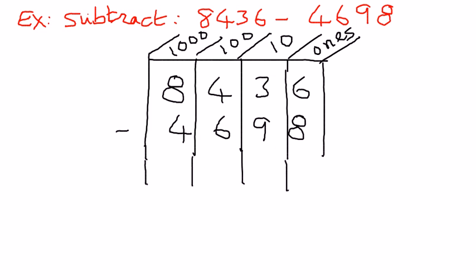Now we're going to make a decision whether we can subtract or borrow from the next place. 6 is less than 8, therefore we're going to borrow from the next place.